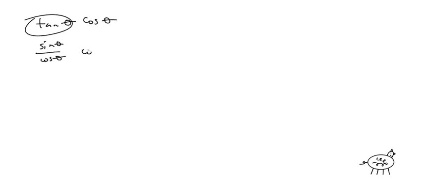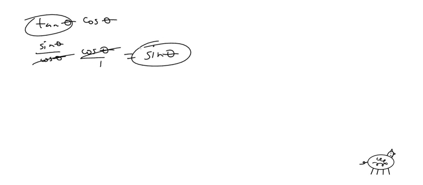If I give you tangent of theta times cosine of theta, and I ask you to simplify that. Well, what you do is you change that into sine of theta over cosine of theta times cosine of theta. That would cancel, and you wind up with just sine of theta. Right, pretty easy.